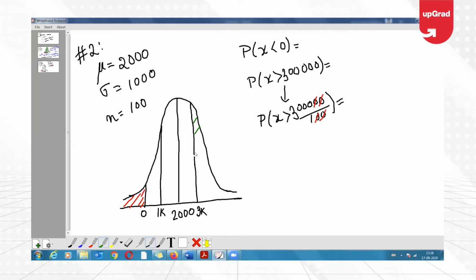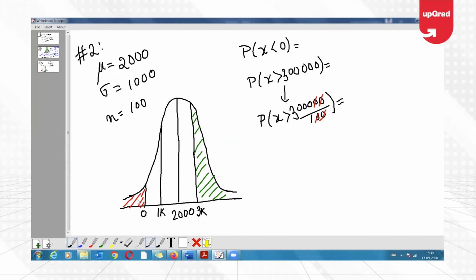It's profit, so let's use green. So we want to find out the probability of a random sample being picked from the green zone and the red zone. Eventually that's what we are trying to find, right? If I pick a random sample, what is the probability that it will be from this green zone and from this red zone?